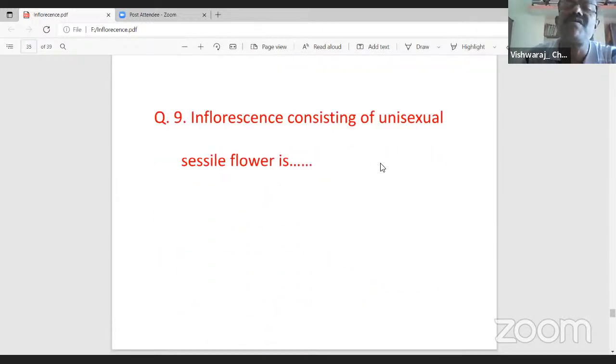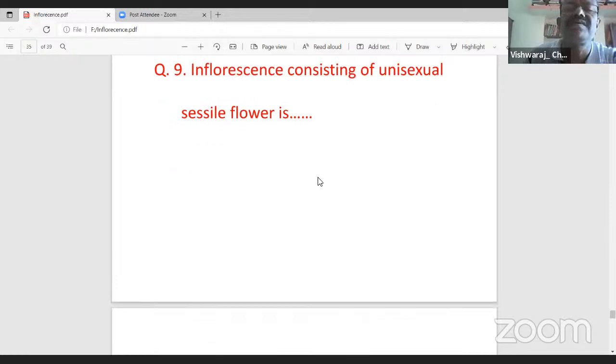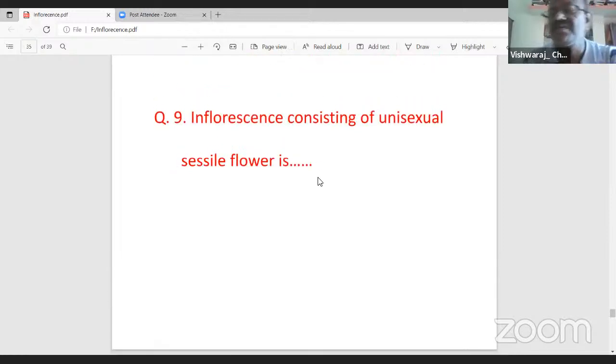Inflorescence consisting of unisexual sessile flowers is dash.